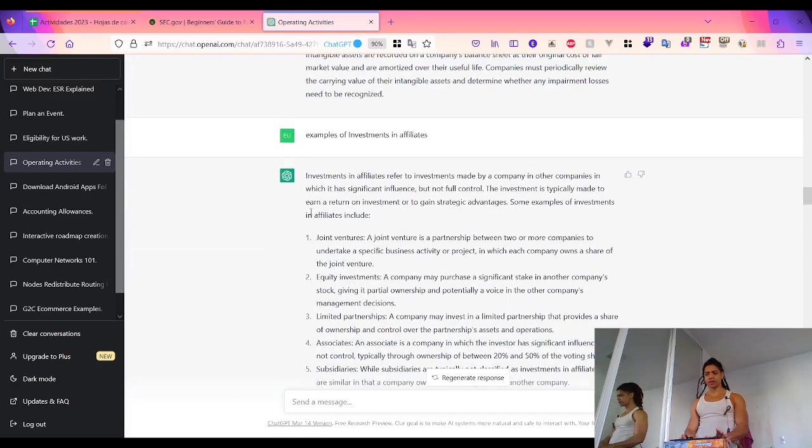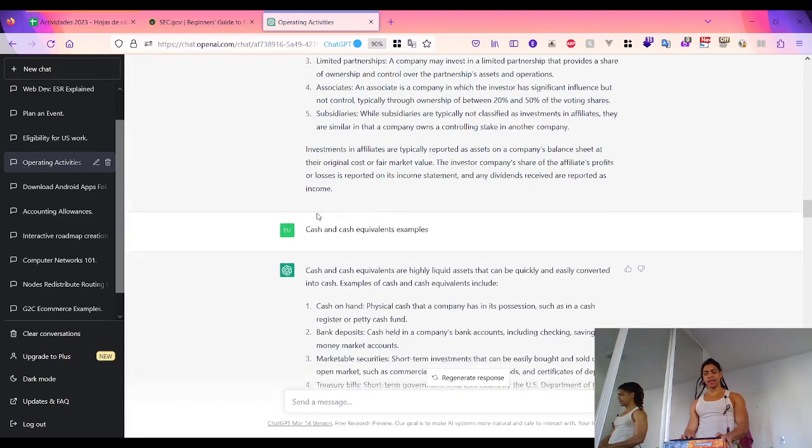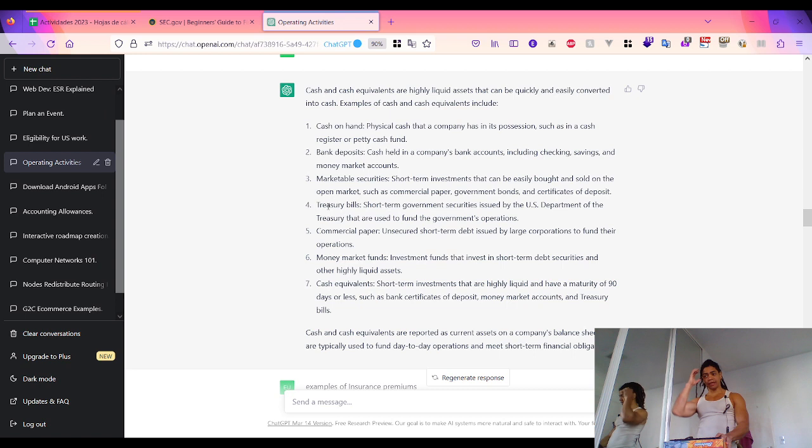So that's one of the examples of cash and cash equivalents, right? You have cash on hand, bank deposits, marketable securities, short-term investments that can be easily bought and sold on the open market, such as commercial paper, government bonds, and certificates of deposit. Treasury bills are short-term government securities issued by the U.S. Department of the Treasury that are used to fund government operations.